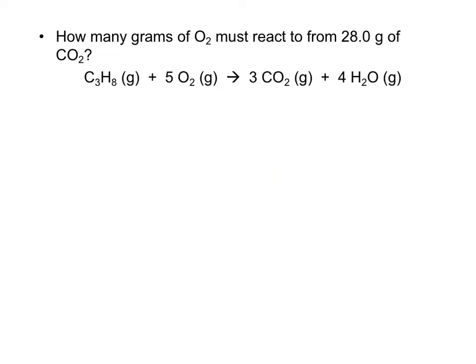Alright, so one more example. I want to know how many grams of O2 must react to form 28 grams of carbon dioxide. In this case, they've already balanced my chemical equation, and I won't try to mess you up. I'm not going to put coefficients in the chemical equation and incorrectly balance it. So if you do see coefficients in the chemical equation, you can assume that I have balanced it correctly. So I'm going from grams of CO2 to grams of O2.